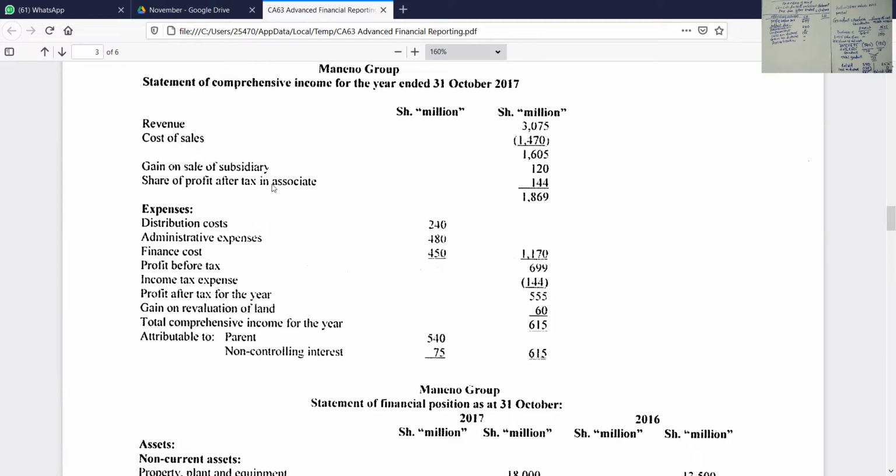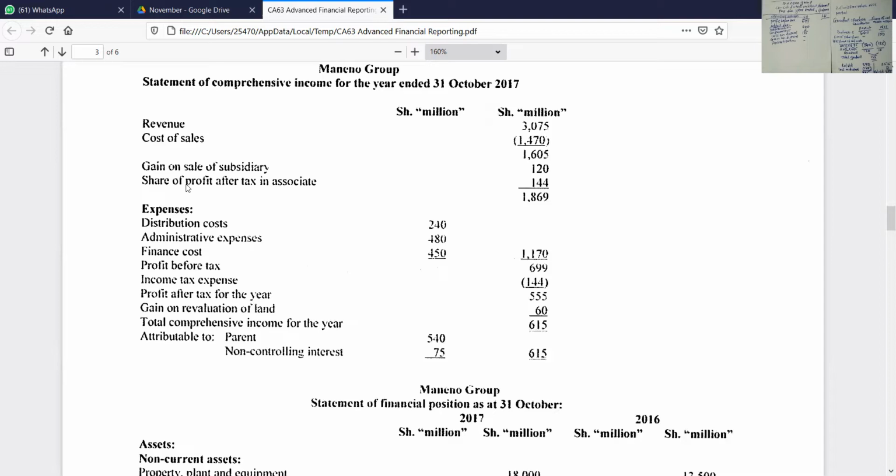The correct operating activities, which we cannot adjust in any way, are revenue, cost of sales, distribution cost, and administrative expense. Any other item above this profit before tax must be adjusted against the profit before tax. Right now, the finance cost, 450, was subtracted, so you add.